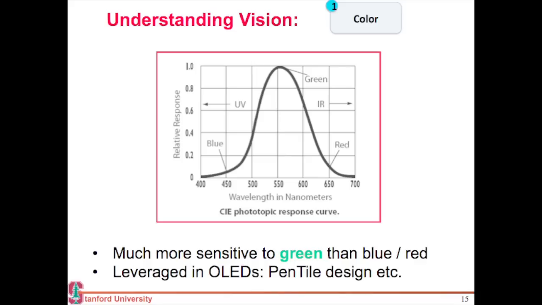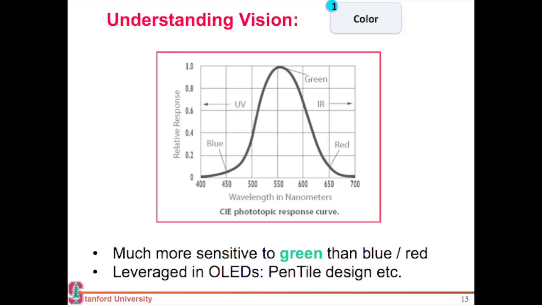Another very important thing to understand, and you'll see this later, a lot of people are trying to leverage this now, is that our eye is much more sensitive to green than it is to blue and red. So if you use a green laser pointer versus a red laser pointer, you might have seen that you see the green laser pointer much more brightly.